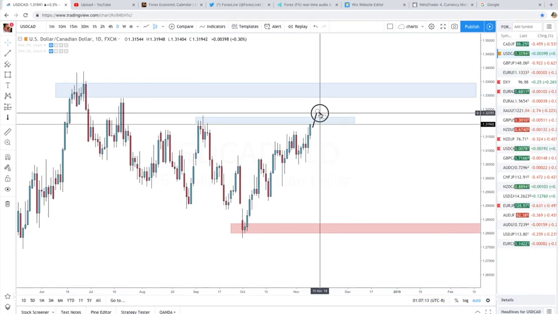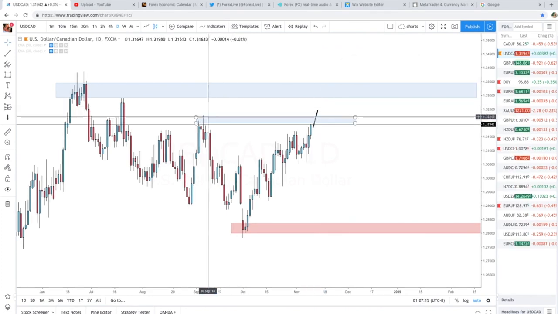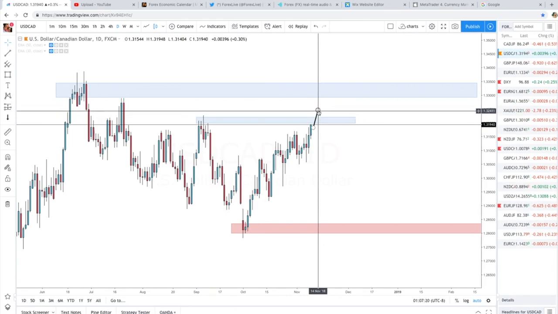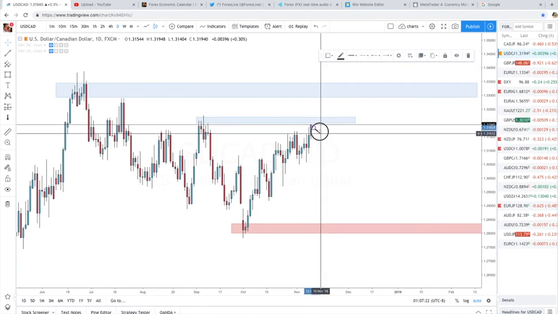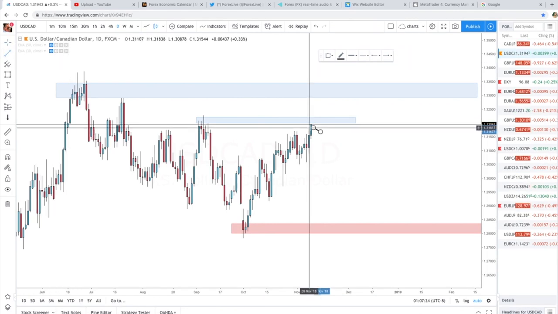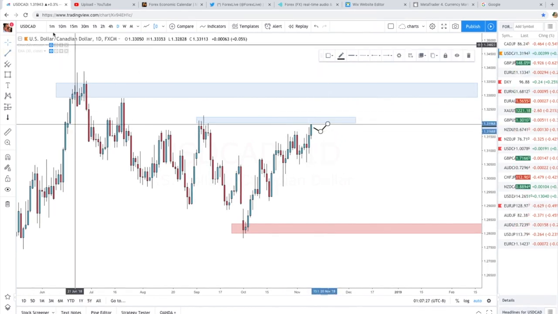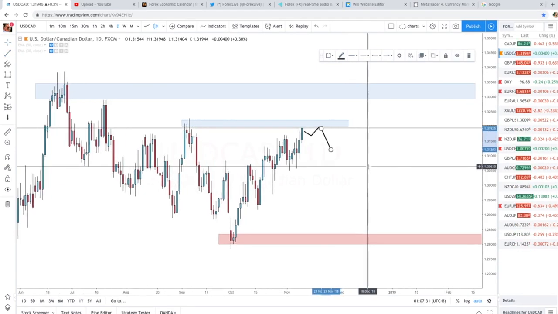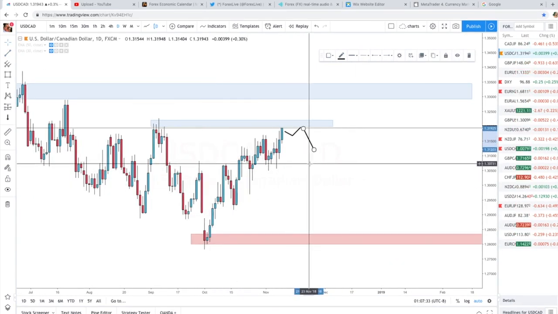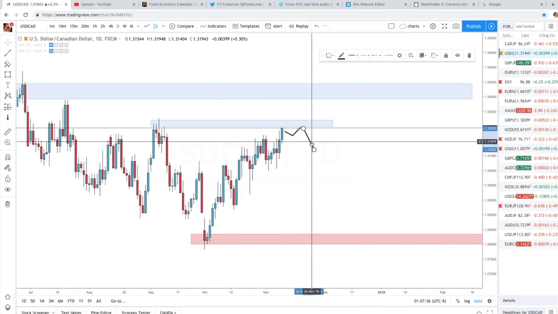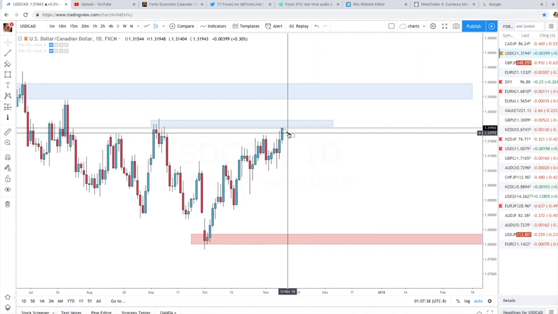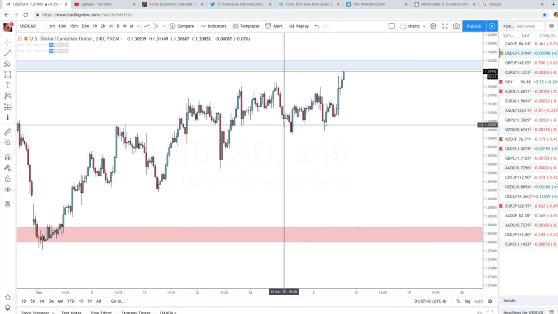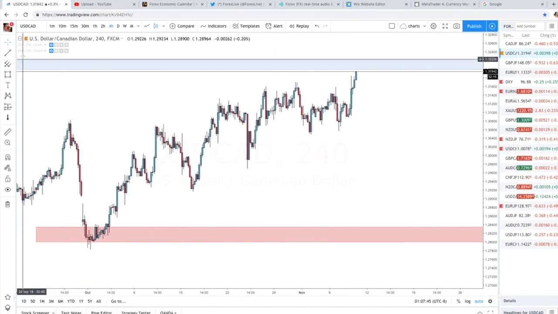But if price wicks like it did over here, respects this zone, price will fall back, retest, and go down. But you notice right here, if we go on the 4 hour, we can draw a trend line.